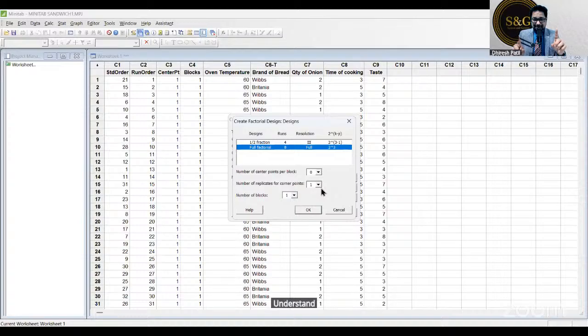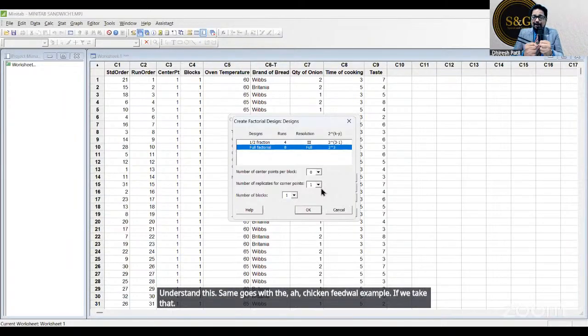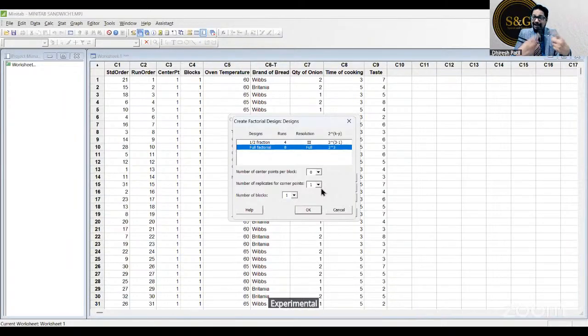Same goes with the chicken feed example. If we take that experimental data without analyzing what has gone wrong, without identifying the lurking factor, we will not be able to do it. But how do we identify whether that is wrong data or not? We will identify this lurking factor by replicating. What is replication?